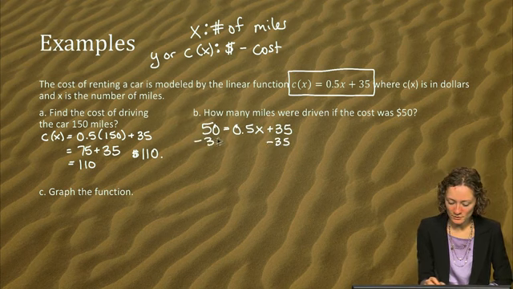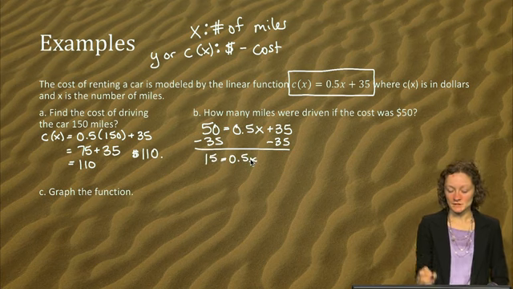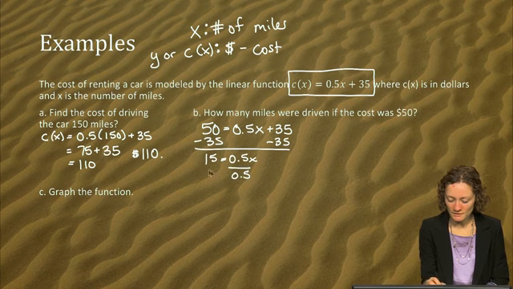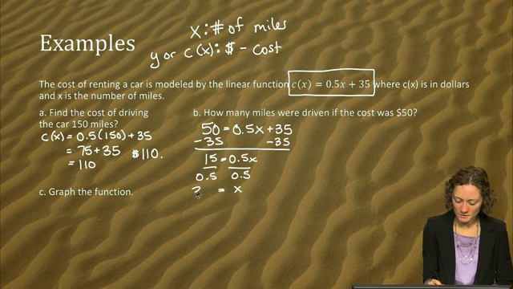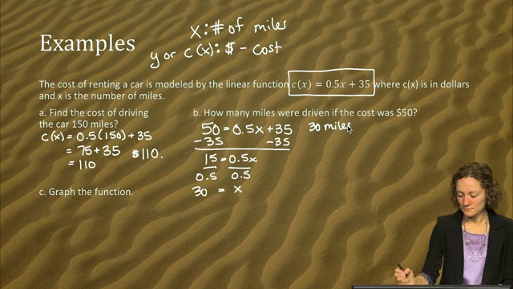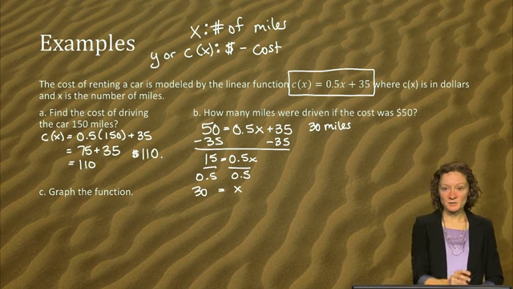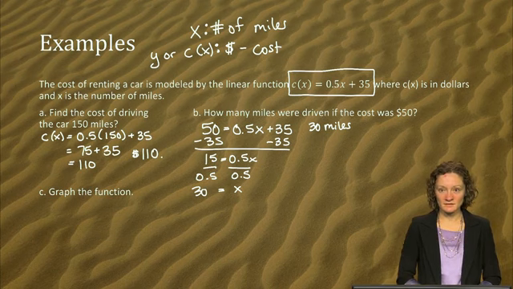Subtract 35 from both sides. Divide both sides by 0.5. We get x equals 30. So the answer, 30 miles.